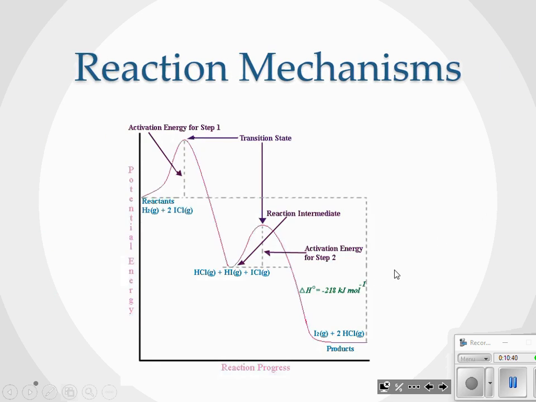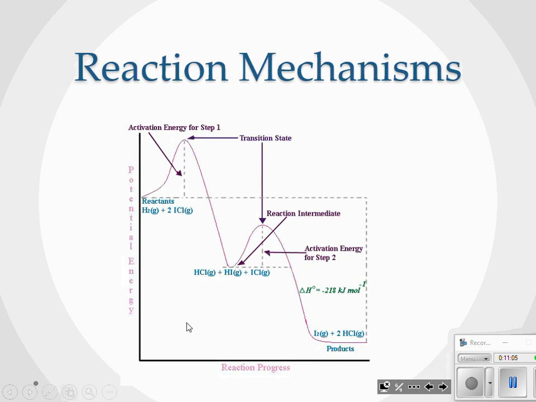Now, when we talk about reaction mechanisms, here's a reaction mechanism for what we got here: hydrogen gas and iodine monochloride. And we can see that what is being formed is iodine gas and hydrochloric acid.